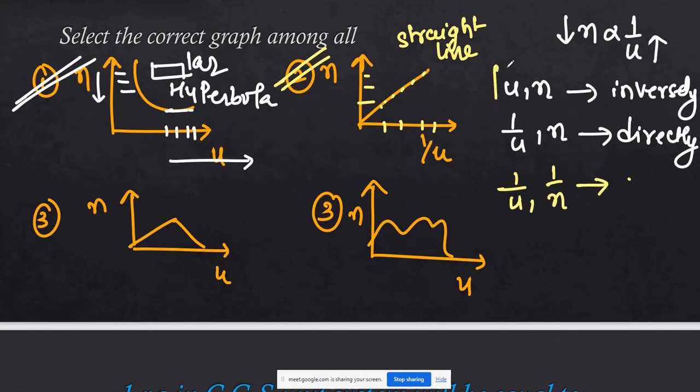If any one is reversed, the relation reverses. Here both are reversed, so the relation remains the same, inversely proportional as earlier. If changes are made to both, there is no change in relation. If you make changes only in one, then there will be a change in relation. So 1 and 2, both the graphs are correct.